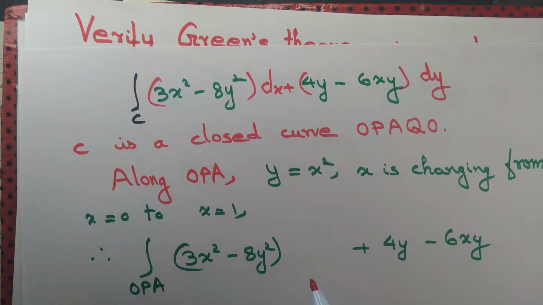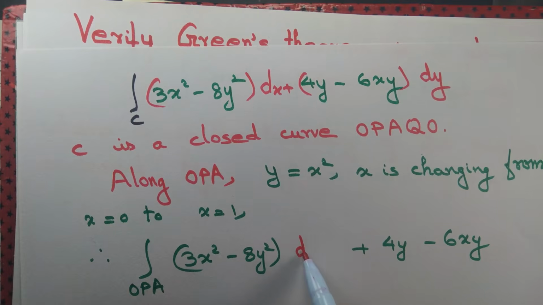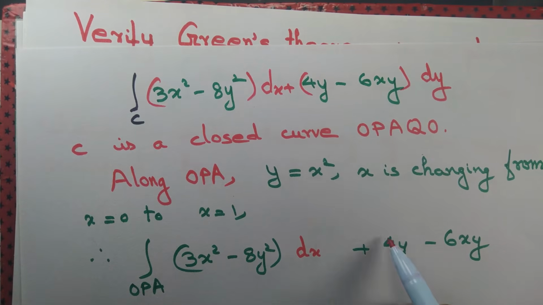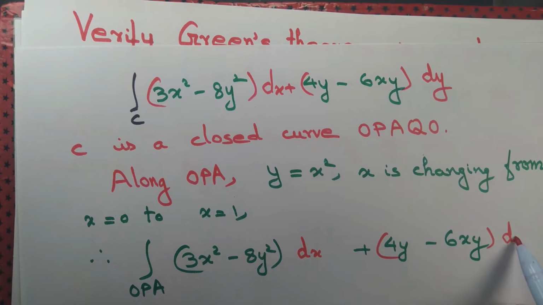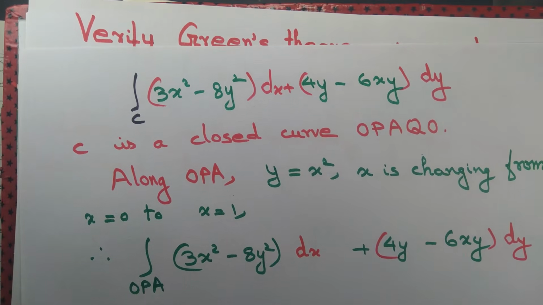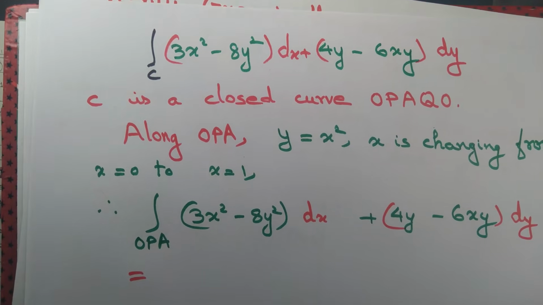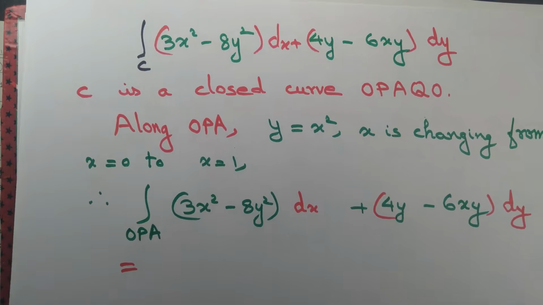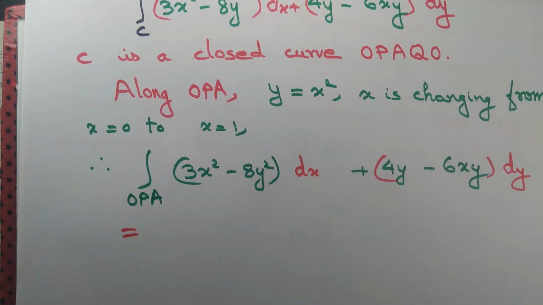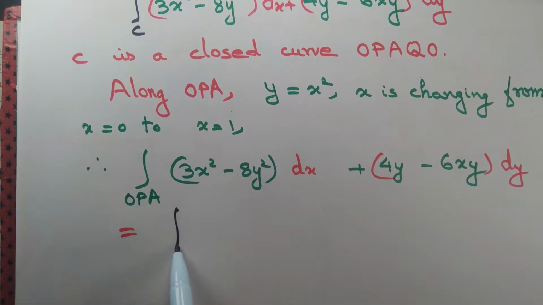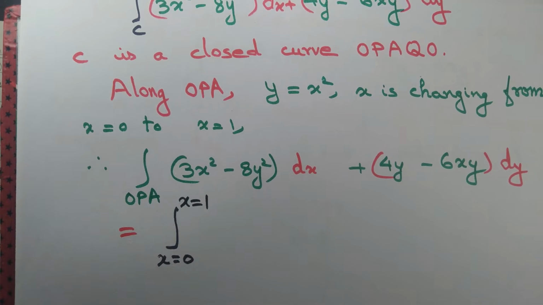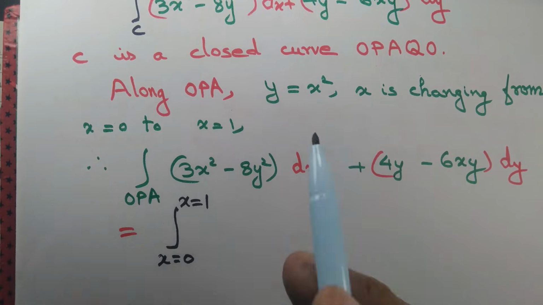Once again, 3x square minus 8y square dx plus 4y minus 6xy dy equal to, x is changing from x equal to 0 to x equal to 1, and the value of y is equal to x square.